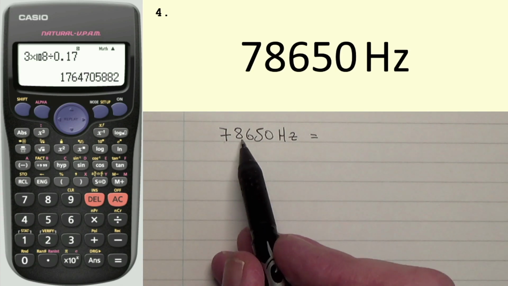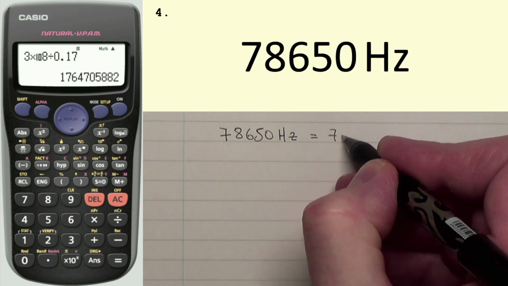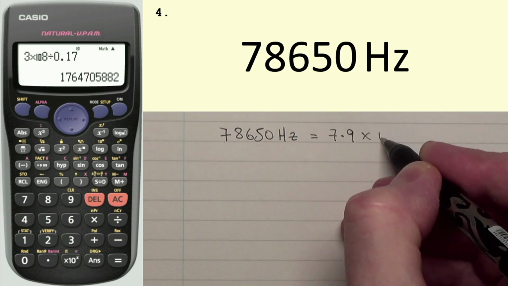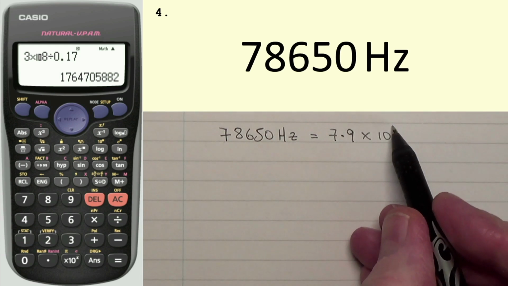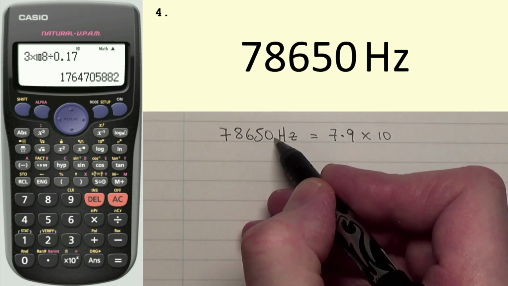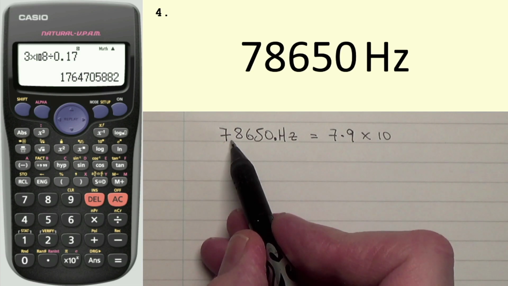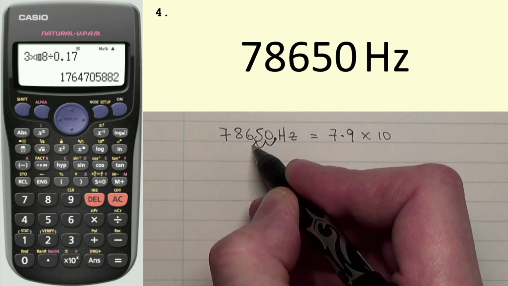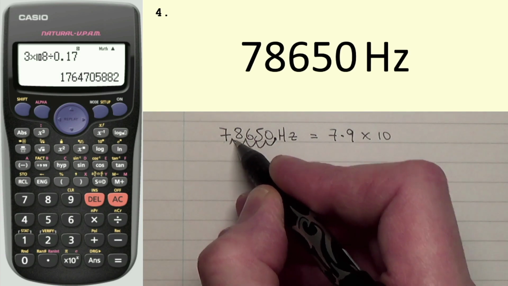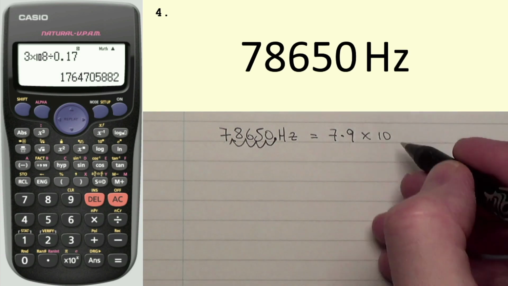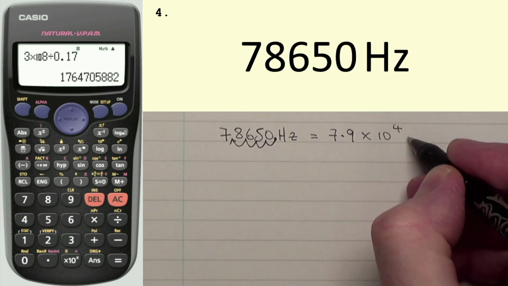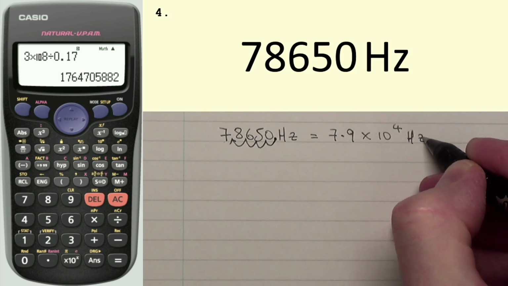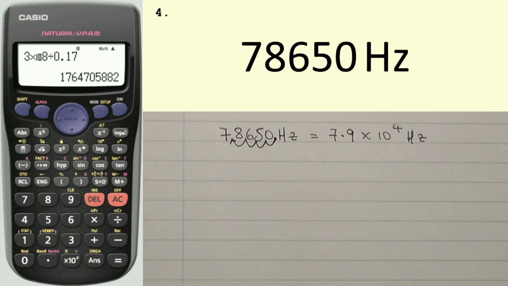So I have to write that as 7.9. And it's times 10 to the power of, it's going to be a positive number here. So again, the point would be there. And to get it between the first 2 figures, I need to move it 1, 2, 3, 4 positions to the left, which means it's 7.9 times 10 to the power of 4. And frequency is in hertz.